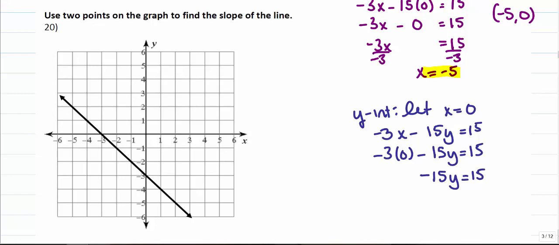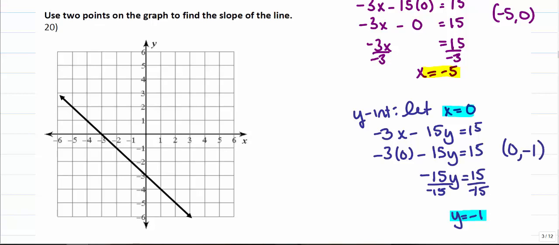So when I let x equal 0, I'm going to get a y value. Well, if we divide both sides by -15, I'm going to get that y is -1. So when I let x be 0, y was -1.